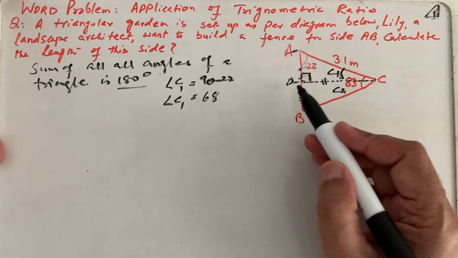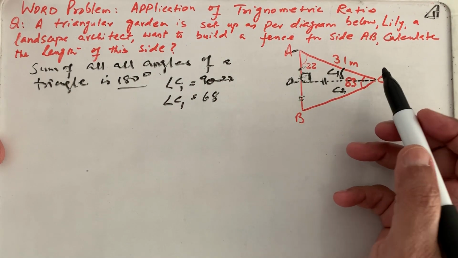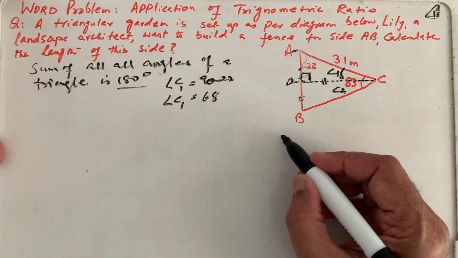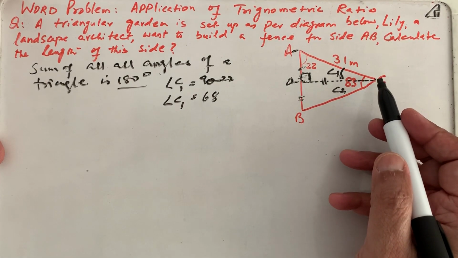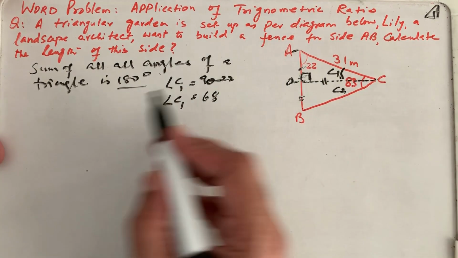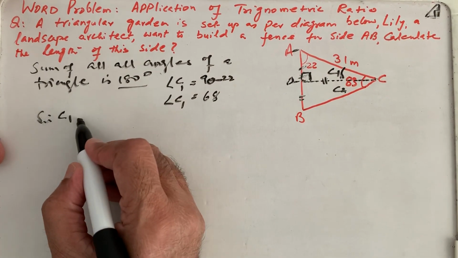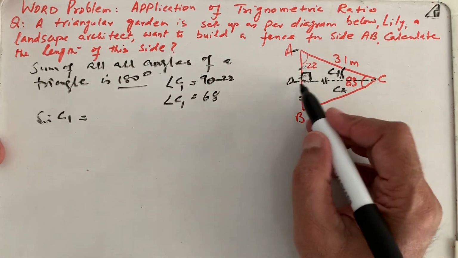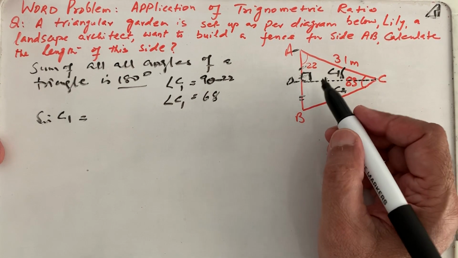So first of all, we have to find out side OC, or CO, whatever you call it. To calculate this side, we have to take one of the trigonometric ratios. So we use sine. What is sine? It's opposite over hypotenuse.